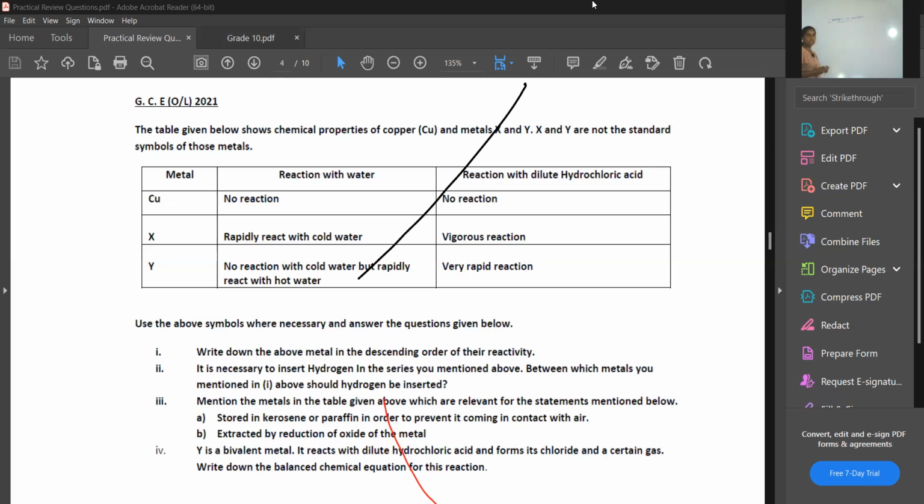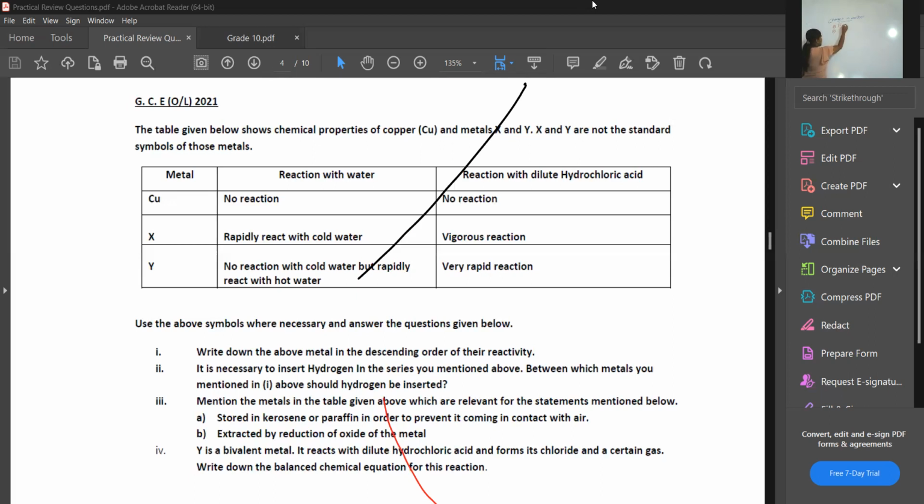Here matter means the three physical states, Pute. So these changes that occur in matter, we can categorize into two. In grade 8 also you learn these things, Pute.